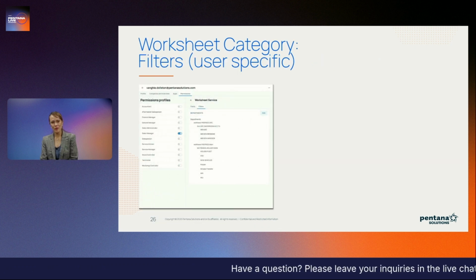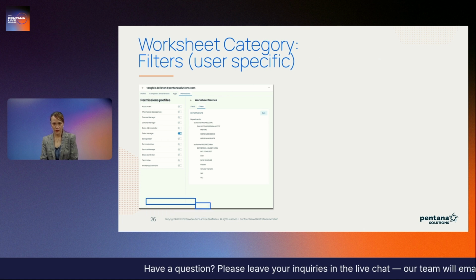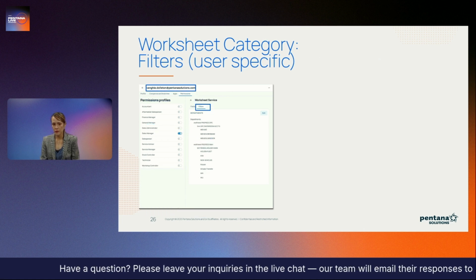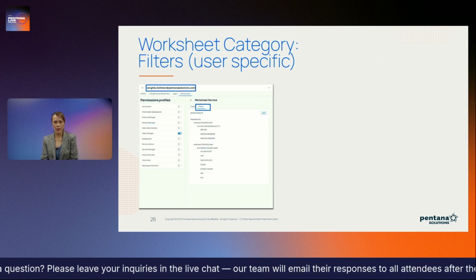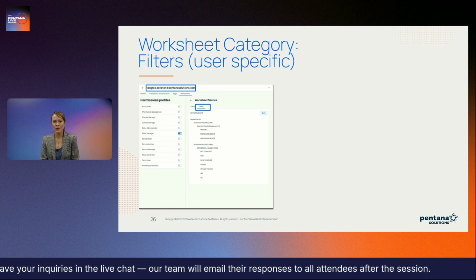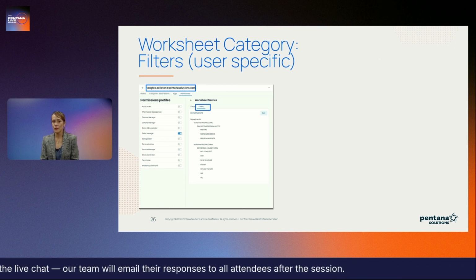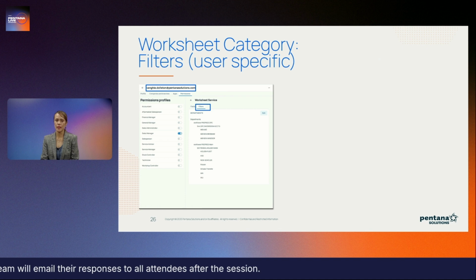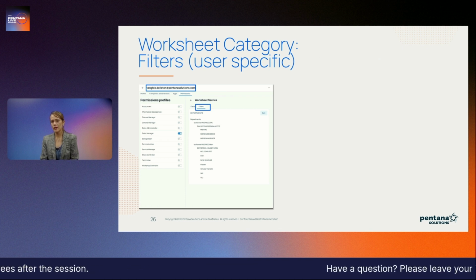On this slide, we move from the fields to the filters, and in particular, user-specific filters in the worksheet category. What we are showing here is how to tailor filters for individual users. You can apply filters to each user that are relevant to their role.